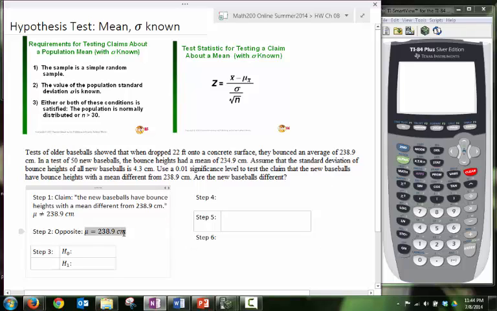and between the null and alternative hypothesis, the one with the equal sign has a condition of equality and should be the null hypothesis, and the other one is going to be the alternative.